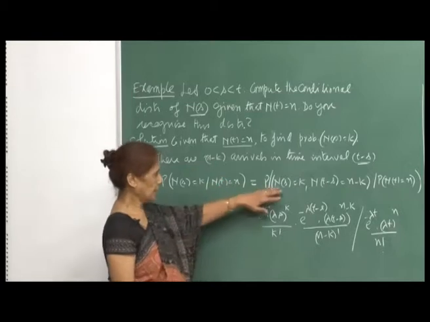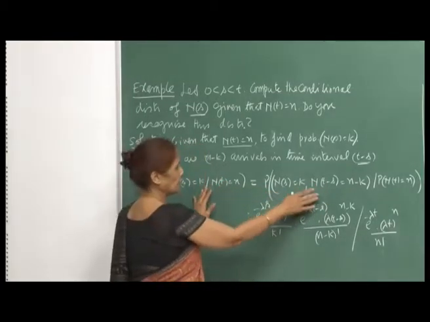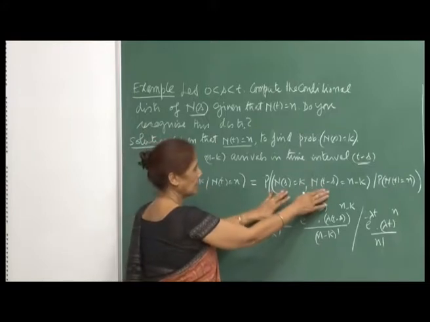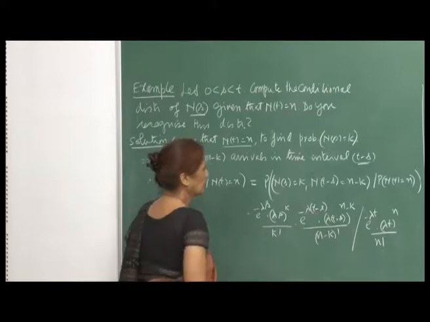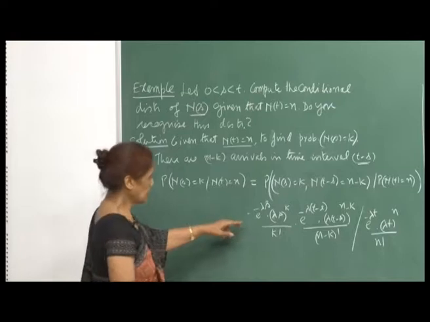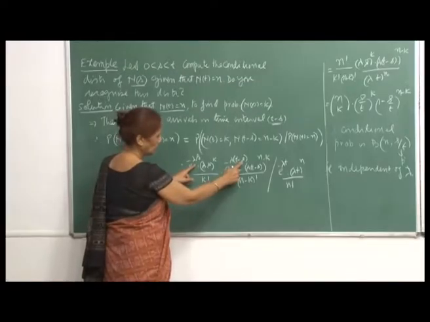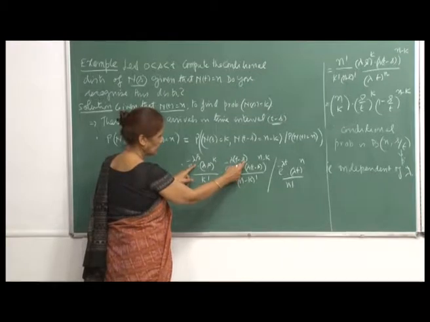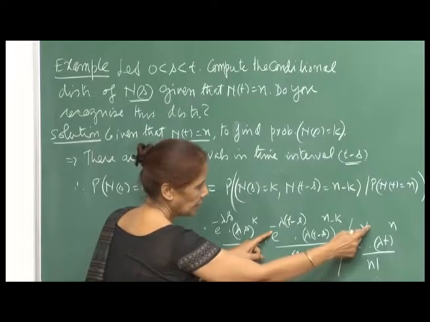So, as long as this part is clear, that this probability I can write in this way, and then this I can write as a product of these two probabilities. Okay. And so now you see that this is e raised to minus lambda s, and here you get e raised to plus lambda s, which cancels out. Then e raised to minus lambda t, and in the denominator you have e raised to minus lambda t.